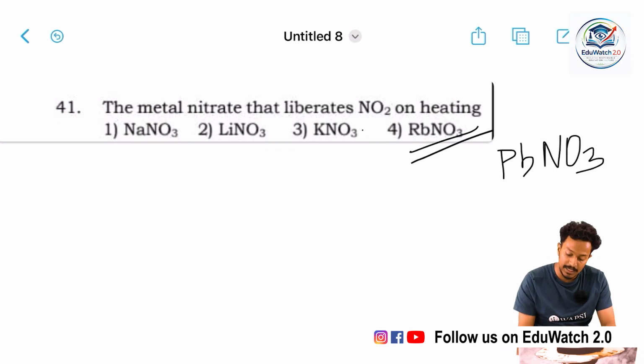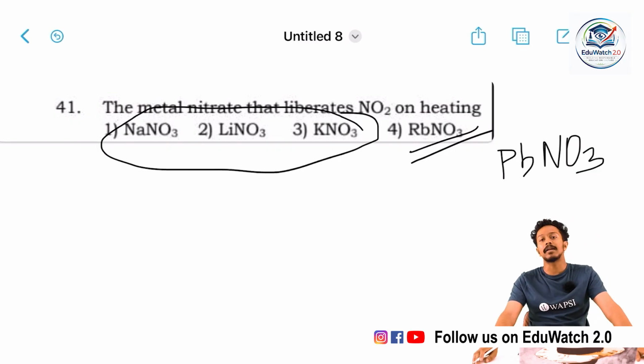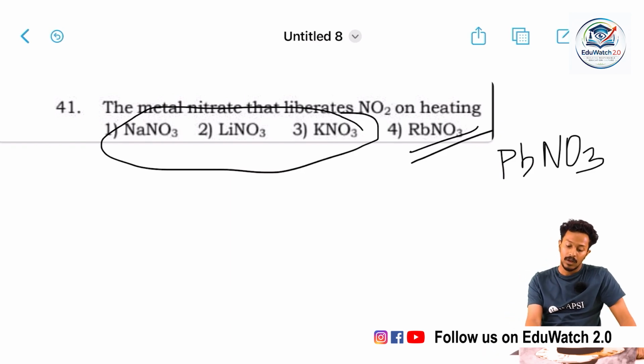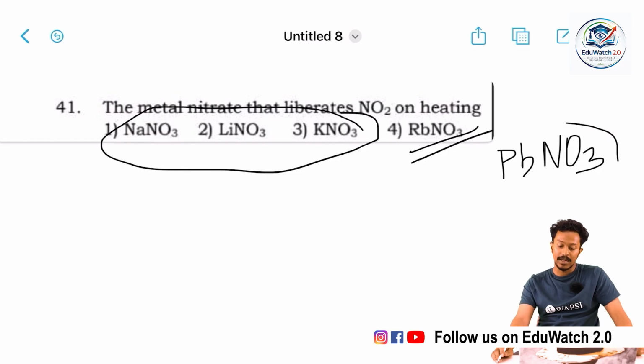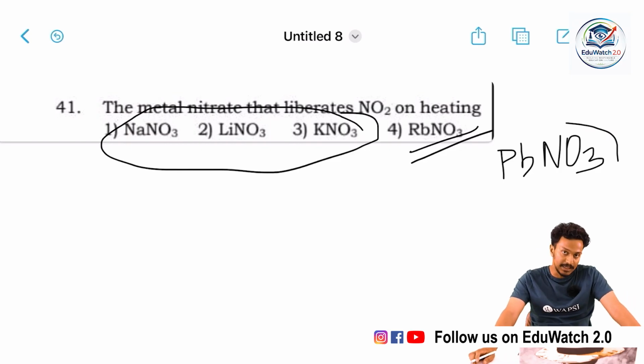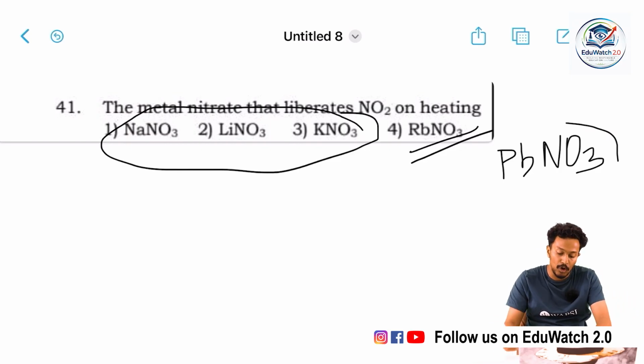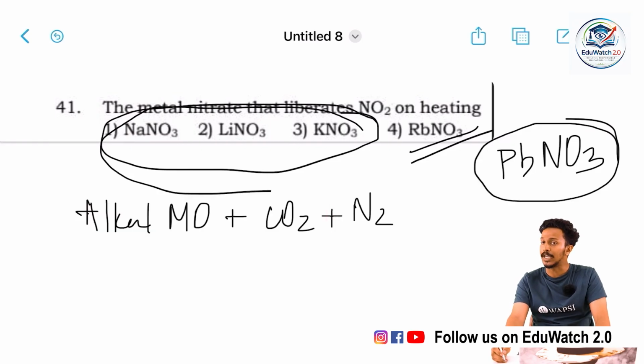We have studied that any metal nitrate on heating gives metal oxide along with NO2. So, here the only heavy metal nitrate present is lead nitrate, all others are alkali metal nitrates. Sodium, lithium and potassium nitrates give alkali metal nitrites or oxides along with oxygen, which does not produce NO2.